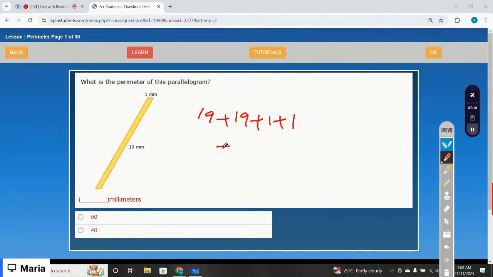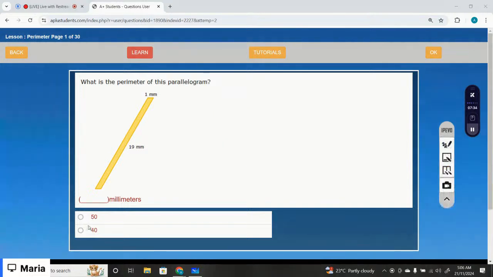So the correct option is 40 millimeters. Option number 2 is the correct option.